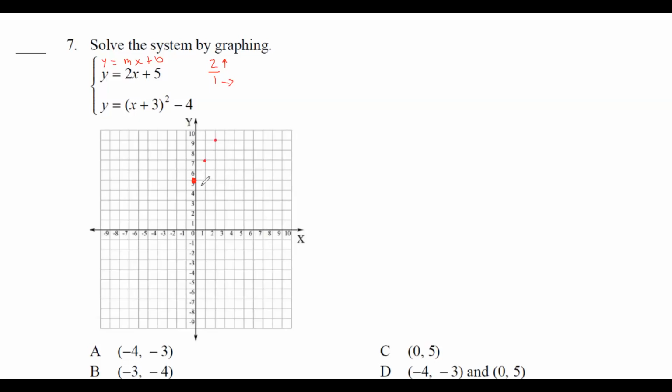Up 2 steps, 1 to the right. Now, if we happen to run out of space, we can go the opposite direction from our y-intercept. We can go down 2 spaces, but instead of going to the right, we go left. So down 2 spaces and left. We need to follow that linear pattern. We have to draw a straight line, just like when you line up in order.